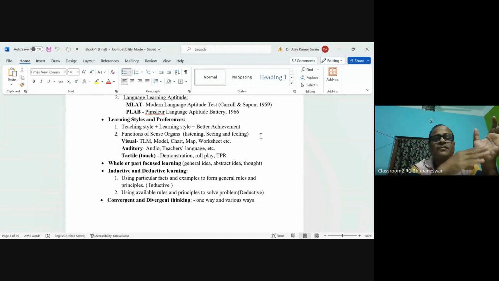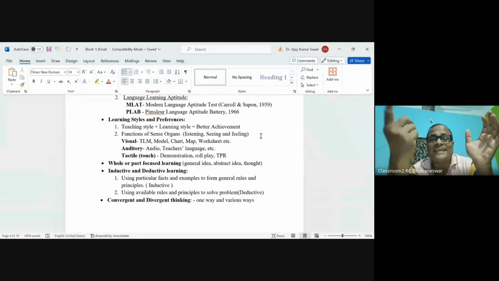Then functions of sense organs, because related to language, the role of sense organs is very important, like listening. So your ear should function in a proper way. Visualizing, seeing, the eye should function properly. Feeling.